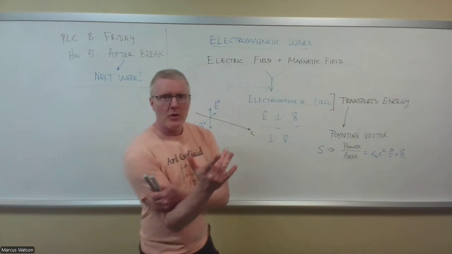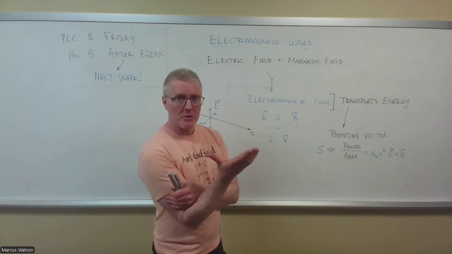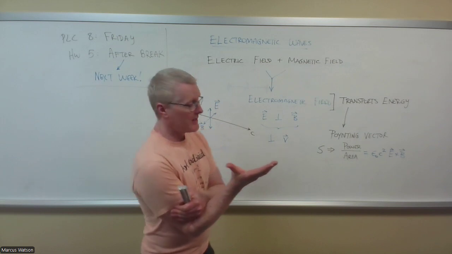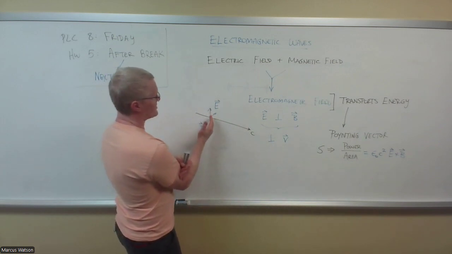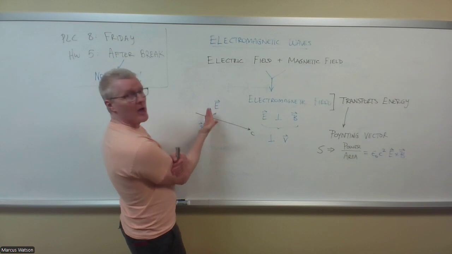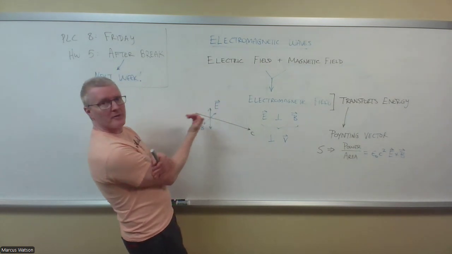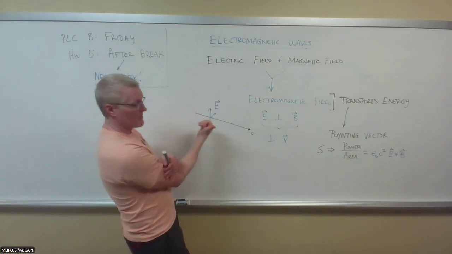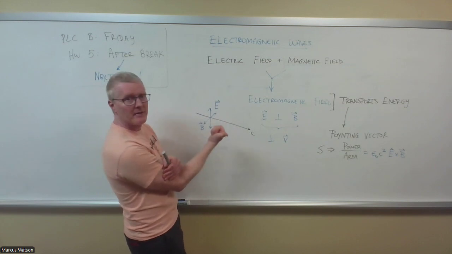Now, E cross B is a cross product which you'd use your right hand for typically. And if you look at this, suppose my E is going upwards, my B is coming out of the board like this, so the direction of travel is that way.